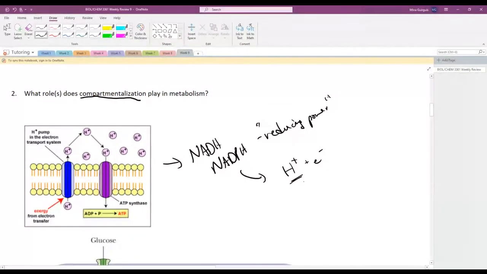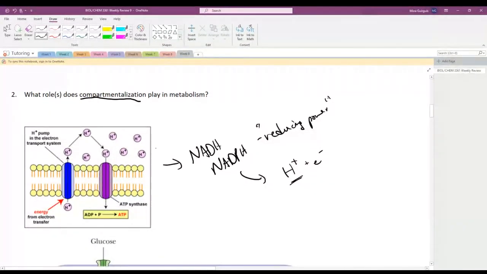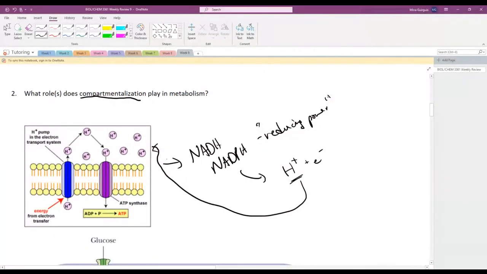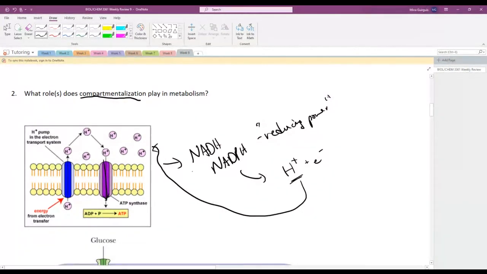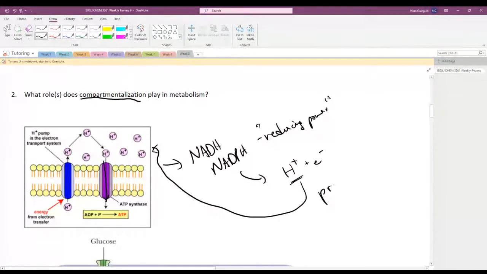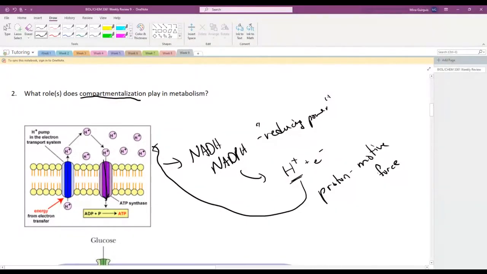But the protons are what we're specifically talking about here, because these protons get released onto one side of this barrier and create a concentration gradient. As they go down this gradient, they give us what's called the proton motive force. Okay. This proton motive force in this specific example, which we're going to learn about in the 4th unit with the electron transport chain, it can spin ATP synthase, which helps us produce ATP.